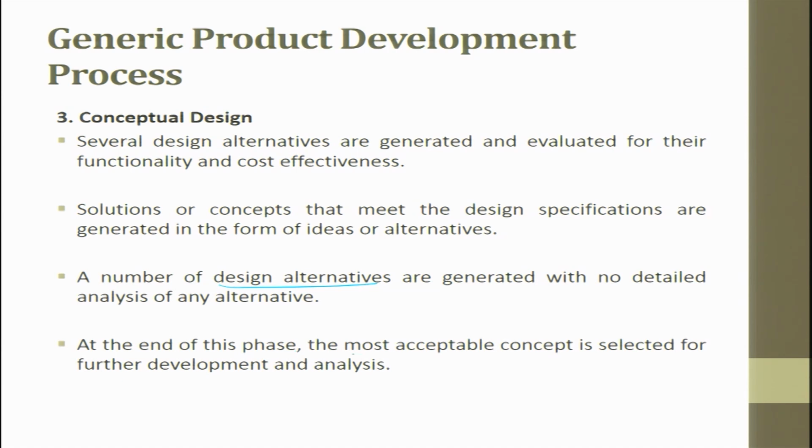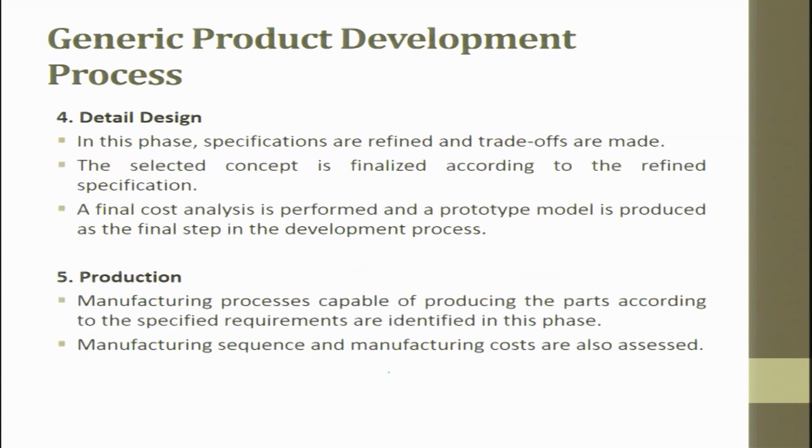At the end of this phase, the most acceptable concept is selected for further development and analysis. So, here we put in all the functionality, not the shape and size alone, and then we try to choose, okay, this design is fine, and then based on the conceptual design you have frozen, we start working on detailed design.